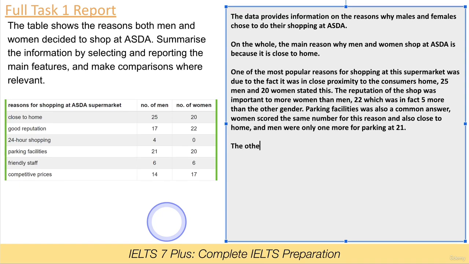The other 3 reasons had lower figures. However, competitive prices were the highest.